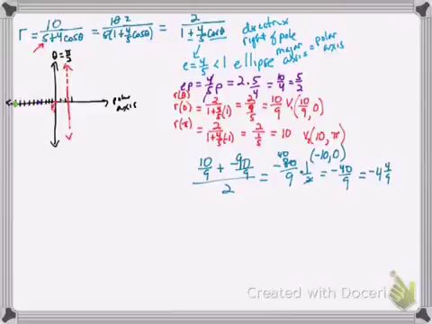All right, and then let's find the other focus. So look how far the focus is from the center, and then we'll just go the same amount in the other direction.